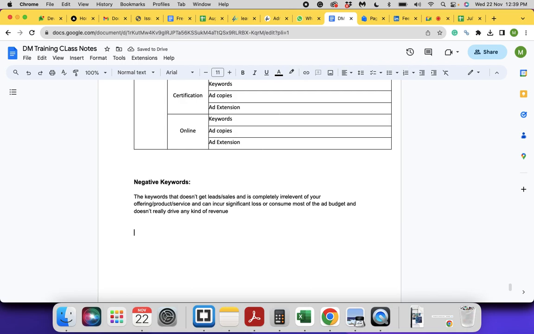Okay, so here you have the account level negatives. So look at this negative keyword list. Let me take a screenshot of this. And click on this, you will get to see the negatives.